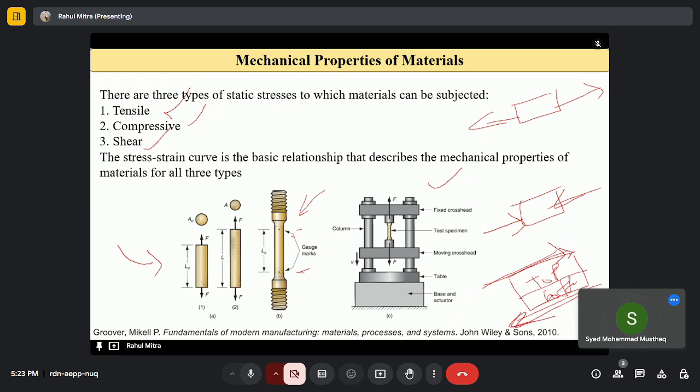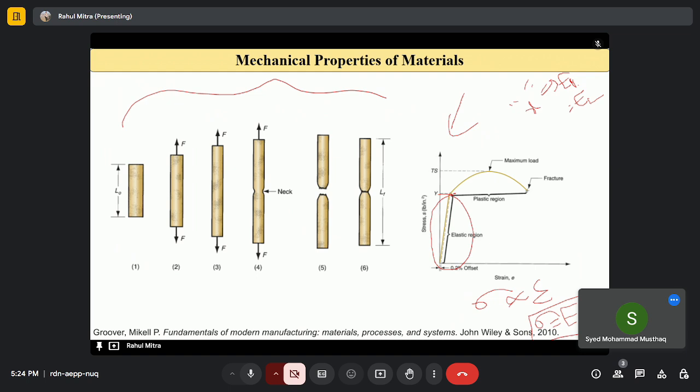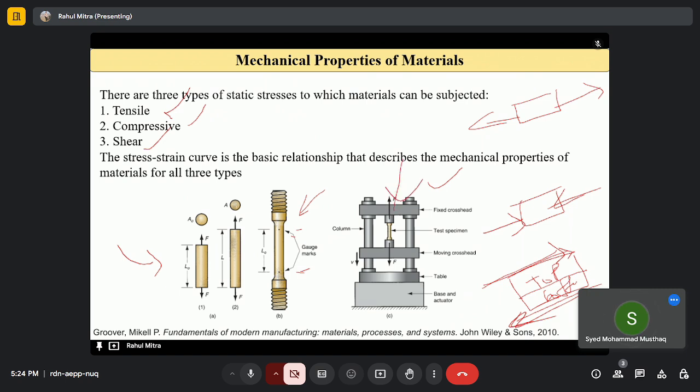Now, let's talk about the tensile properties. The tensile test is the most common procedure for studying the stress strain relationship, particularly for metals. The stress strain curve is particularly used to study the mechanical behavior of metals. In this test, this is our tensile testing machine.